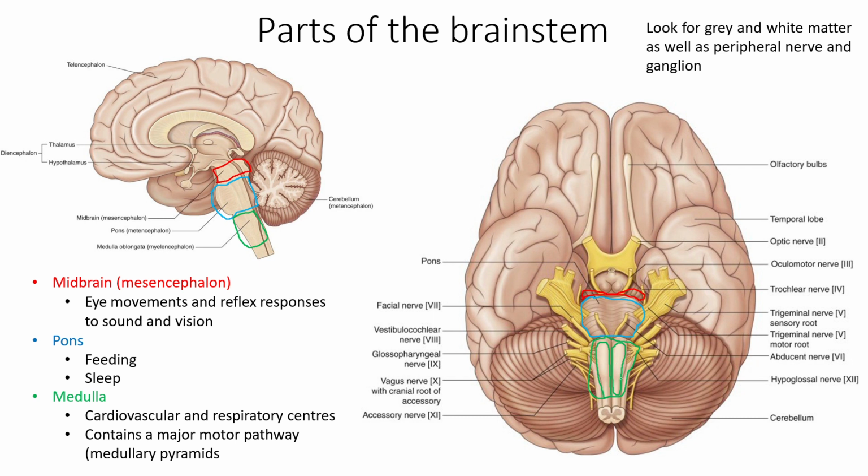And it might interest you to know that each medullary pyramid on each side contains about 1 million axons. So those are the basic parts of the brainstem.